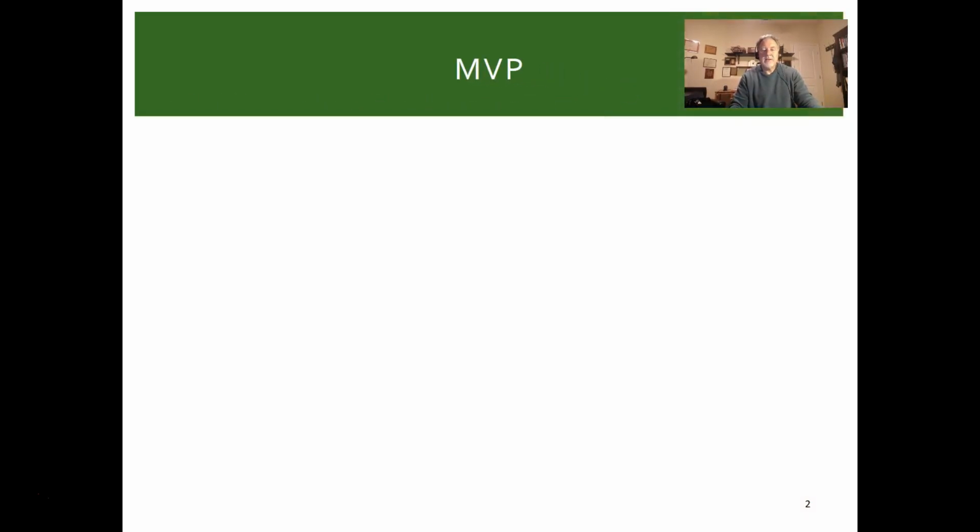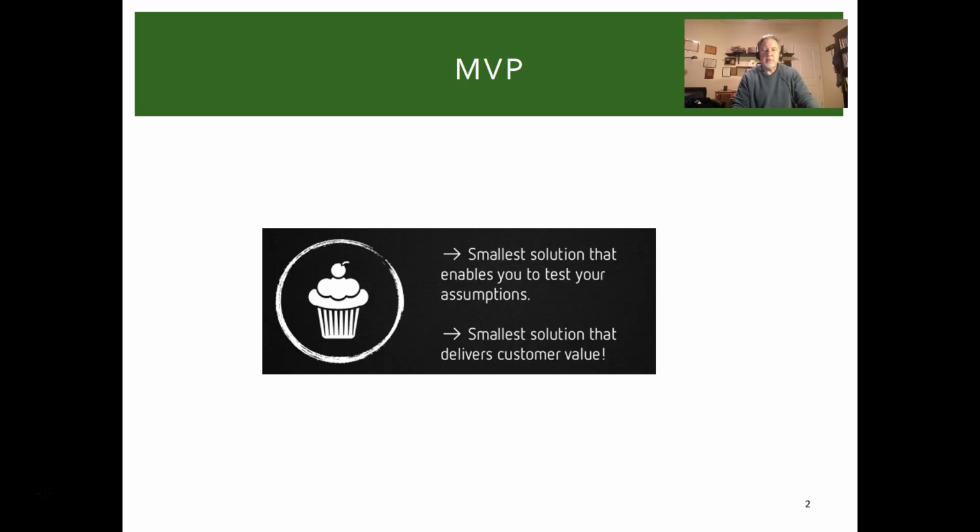So, what is a MVP? No, it is not a most valuable player. Okay, what it is, is what we call a minimum viable product. And as I talked about in class, I think one of the best examples is if you were a baker and you were trying to sell wedding cakes, you're not going to start with the flour.